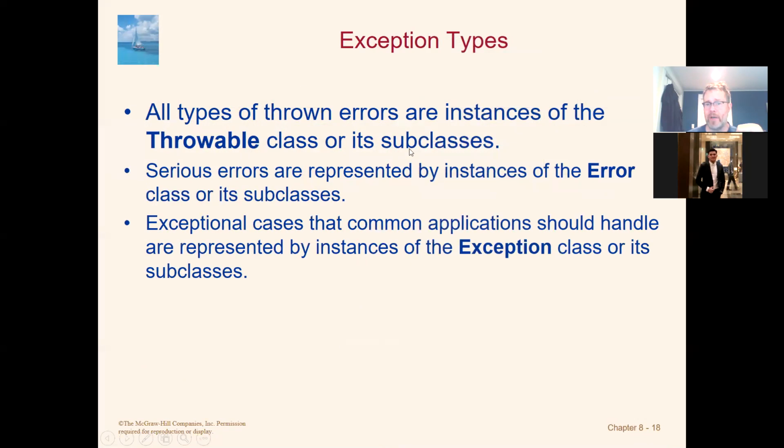Okay. Now, there's a little bit of a chart here coming up. All these types of thrown exceptions, thrown problems, are instances of what's called the Throwable class, or its various subclasses. Now, there are two big branches of Throwable. Number one is the Error class. They call it here serious errors, but Error is usually reserved for things like hardware defects or machinery in the computer not working correctly. Other things that are normal and caused by temporary transient conditions, like the user enters the wrong input type, or one application tries to access another, but it's not available at that moment, that sort of stuff is generally handled by the Exception class.